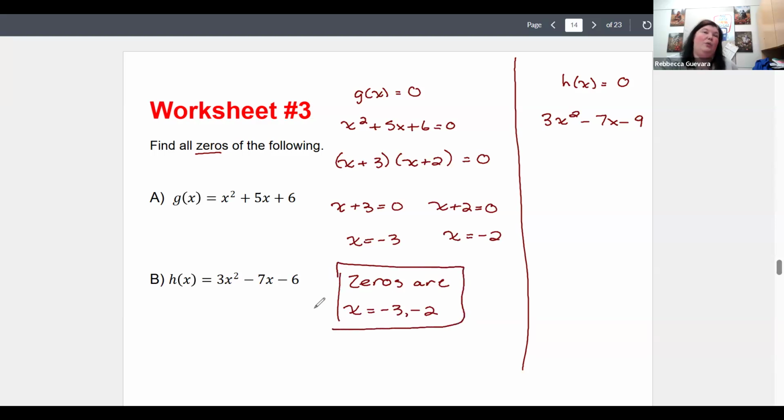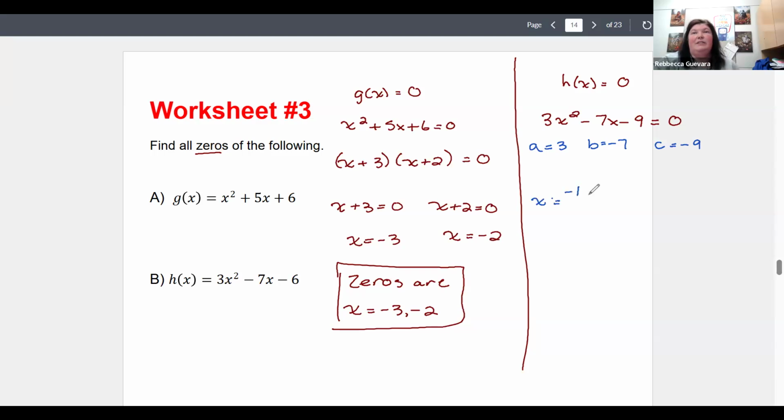Now for h, we've got 3x squared minus 7x minus 9, and we want to find the zeros. So we make that equal to 0 because we're looking at h(x) equals 0. Just for practice, you can still use the quadratic formula, because that's still looking for those x values when this is set equal to 0. That's what the quadratic formula does. It solves this.